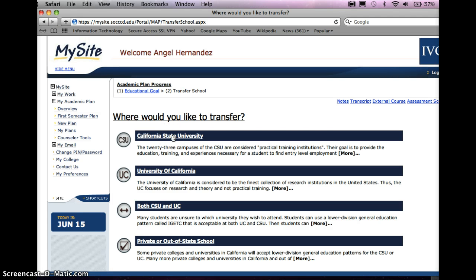If we were looking at only California State University, it would be the CSU GE pattern that we discussed. If you're primarily looking at a private or out-of-state school, we want to look up the requirements for that college. If that is your case, go ahead and email me to let me know as well. Both CSU and UC is what we're selecting.